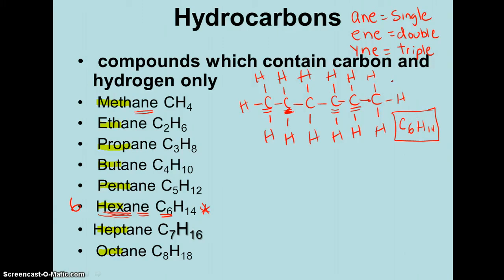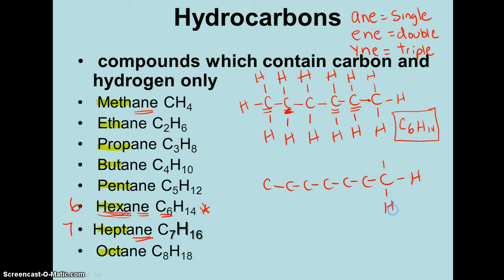Let's try heptane. 7 carbons. 1, 2, 3, 4, 5, 6, 7. Ending in ane, I'll attach my single bond right there. Start here on my end carbon. Only sharing one pair there. I need 4.